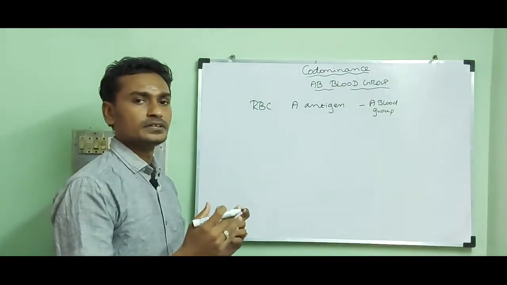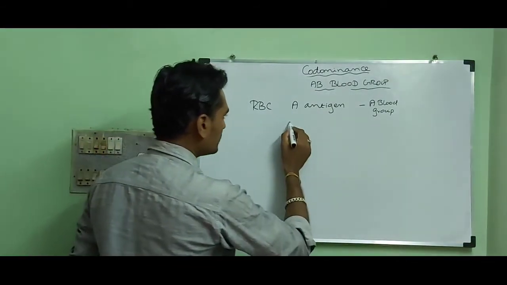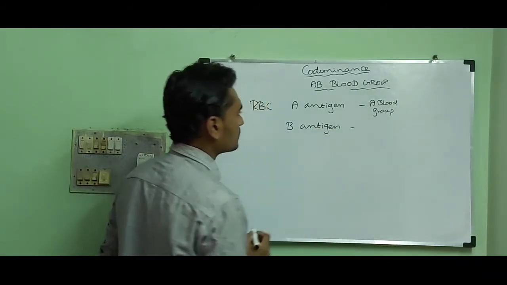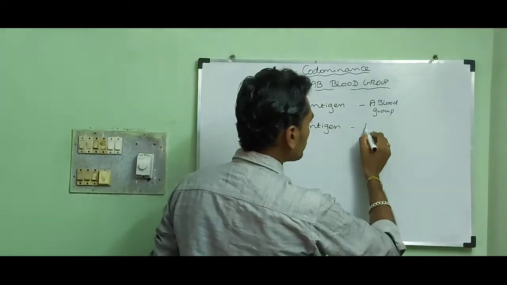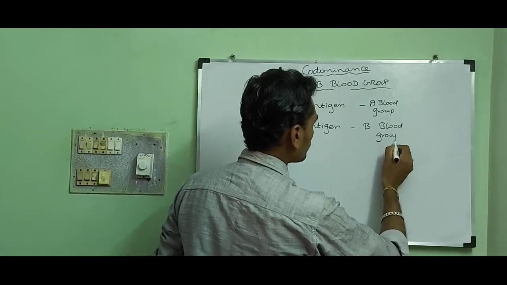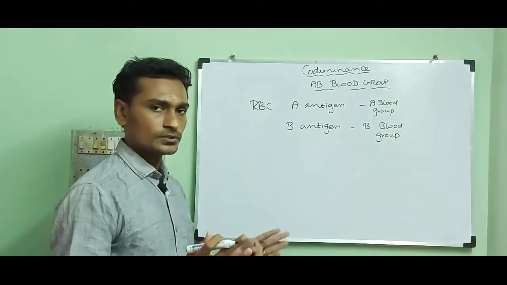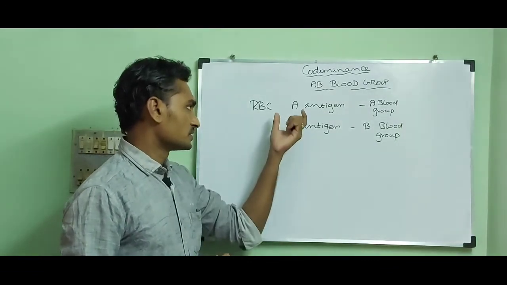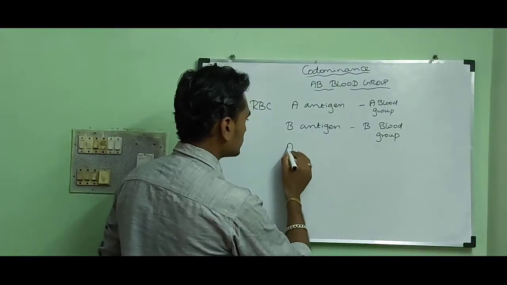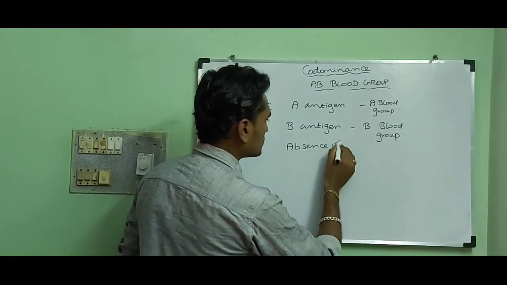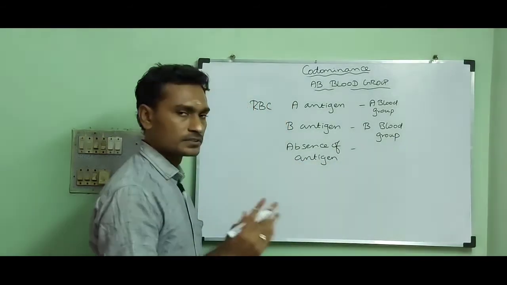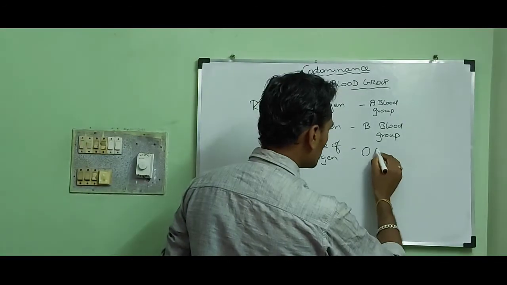Suppose the RBC contains B antigen, the blood group is said to be B blood group. Suppose there is no presence of either antigen, that blood group is said to be O blood group.